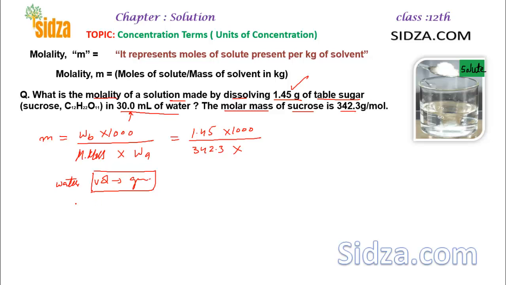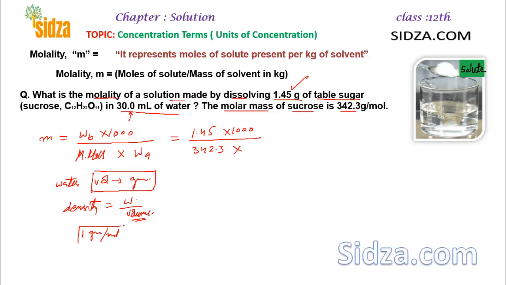We use the density equation, because we know the density is equal to weight by volume. That means we can convert volume into weight and weight into volume, provided we know the density. Water, its density is 1 gram per ml.